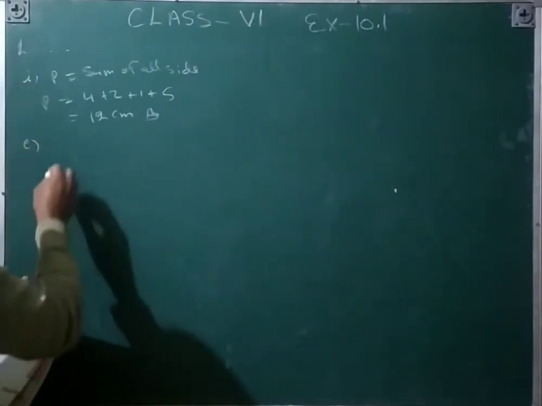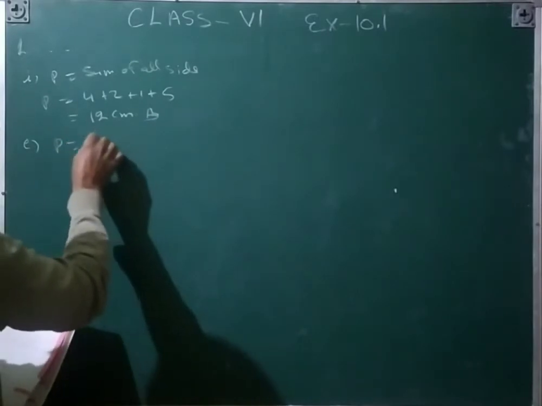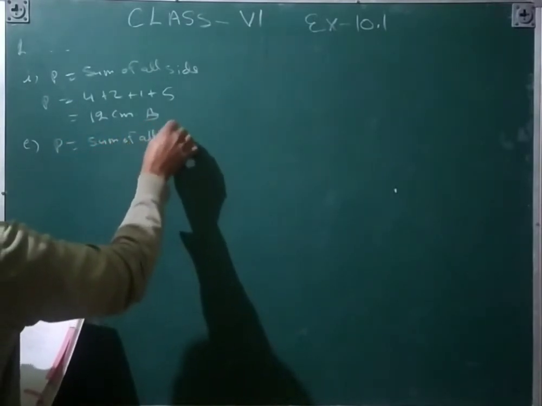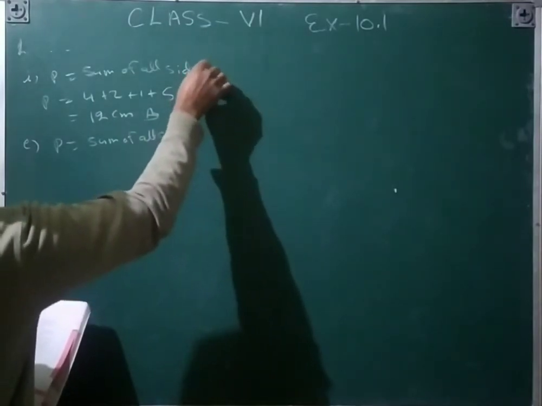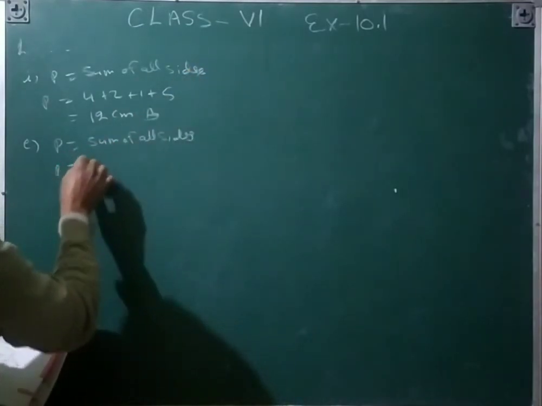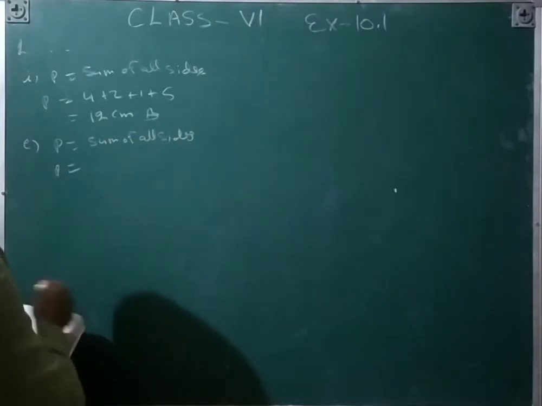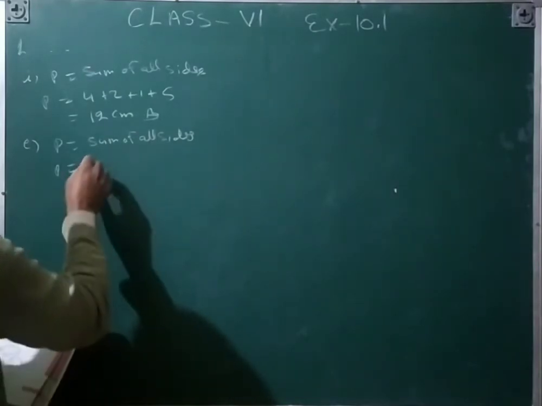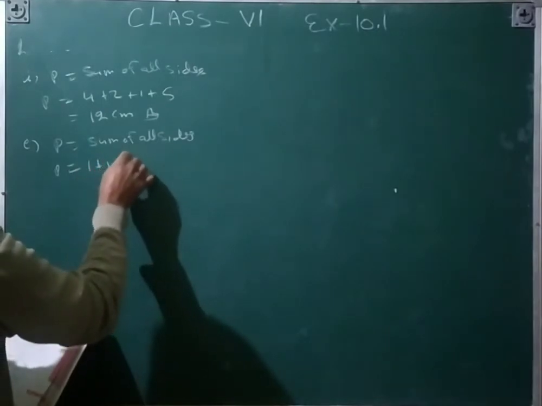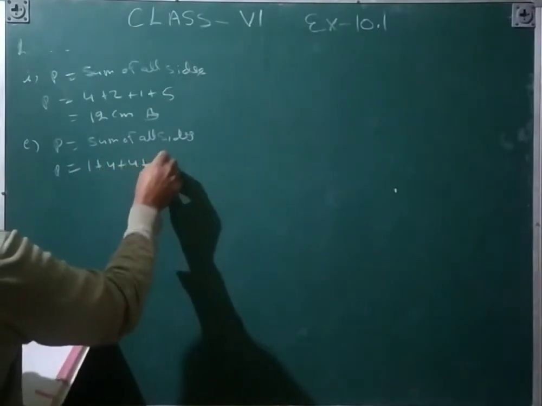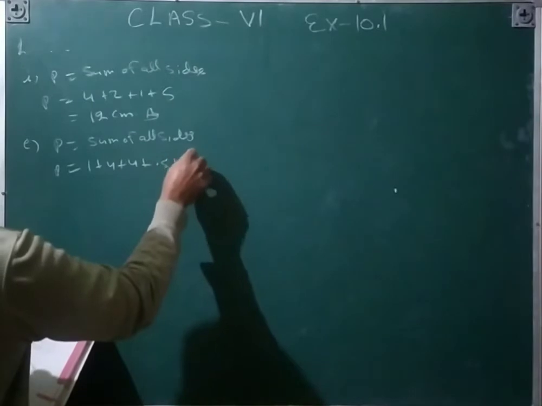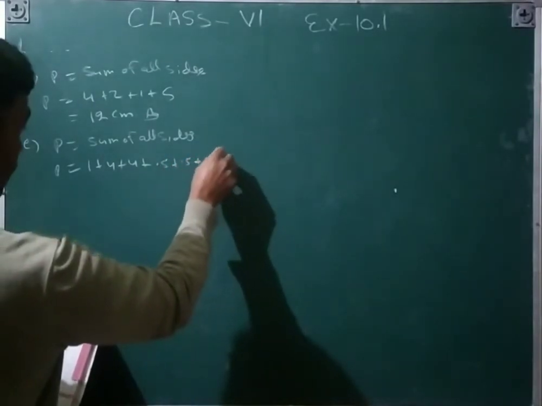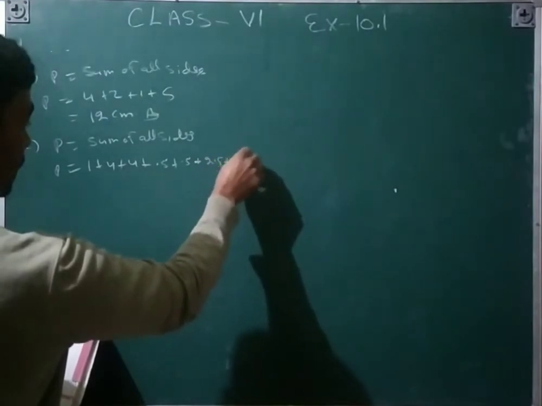E1: perimeter is equal to the sum of all sides. So P is equal to 1 plus 4 plus 4 plus 0.5 plus 0.5 plus 2.5 plus 2.5.